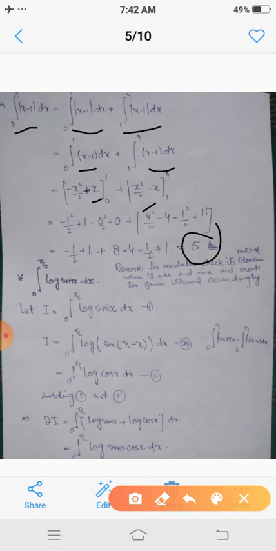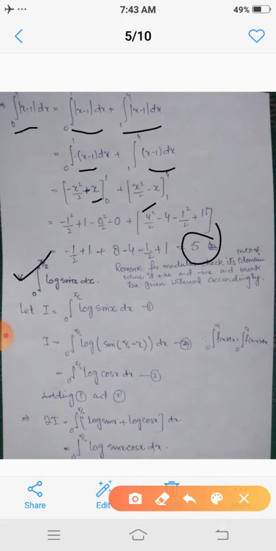Similarly, in every modulus function, if we have to solve the definite integral, we have to break the domain into two parts and find the part in which the function is negative and the part in which it is positive. So in this way you can solve any definite integral of a modulus function.